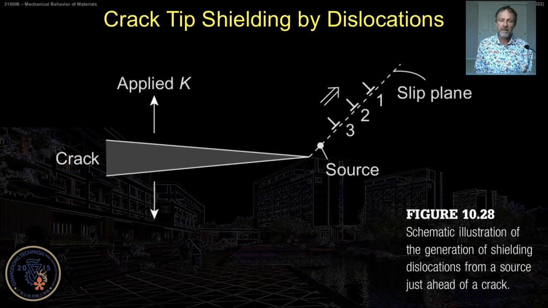At small radii there can be dislocations expanded or emitted into the bulk along this slip plane. So we have a dislocation source here, and this gives you counter stresses which may shield the stresses around the crack tip.